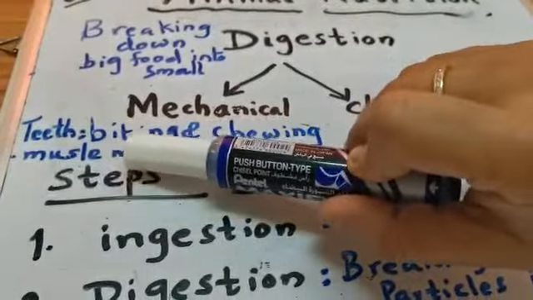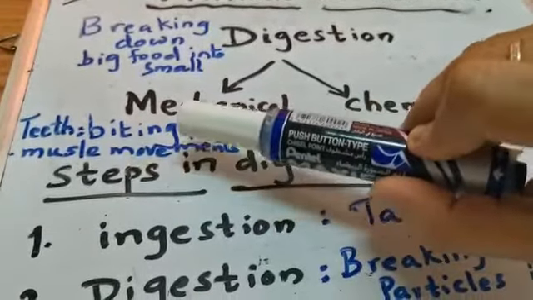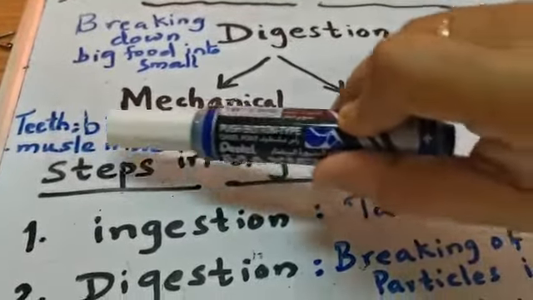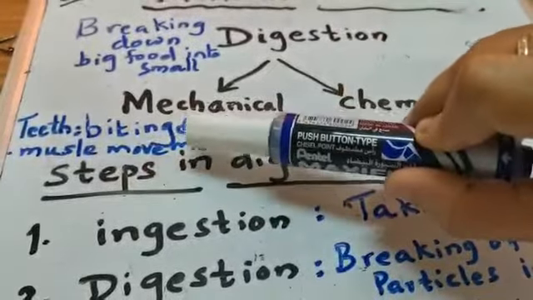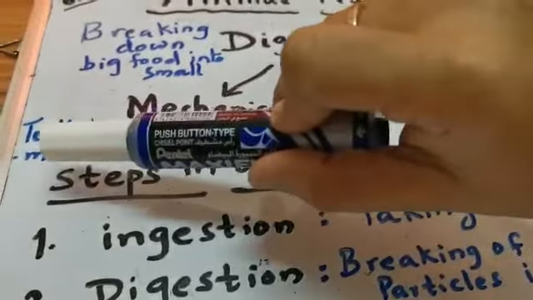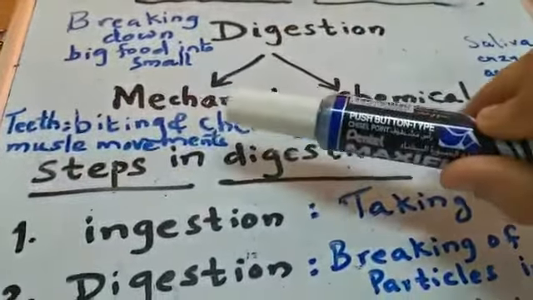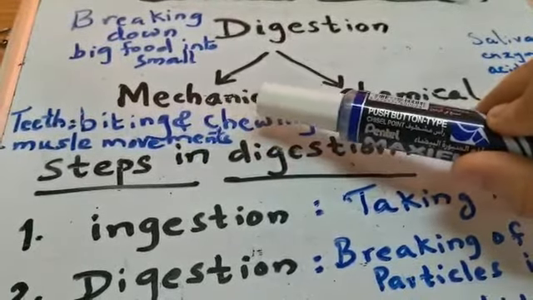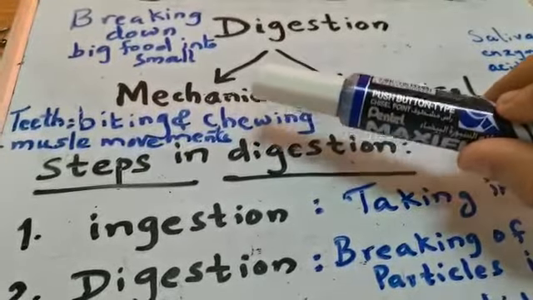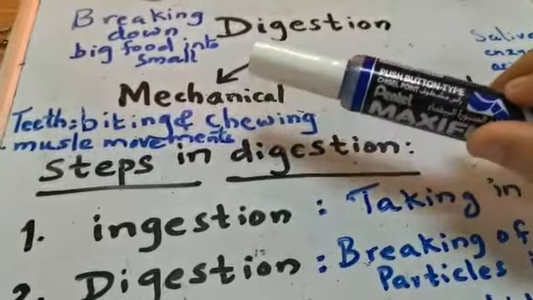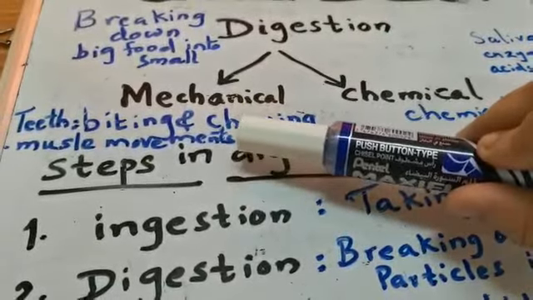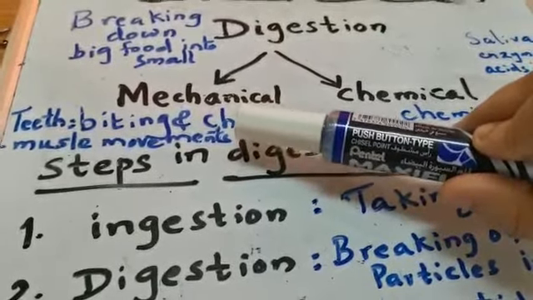Next, mechanical digestion also happens with the help of muscle movements. This is another movement with the help of muscles in your body. For example, if you have chewed the food in your mouth, you will swallow it through your food pipe, right?